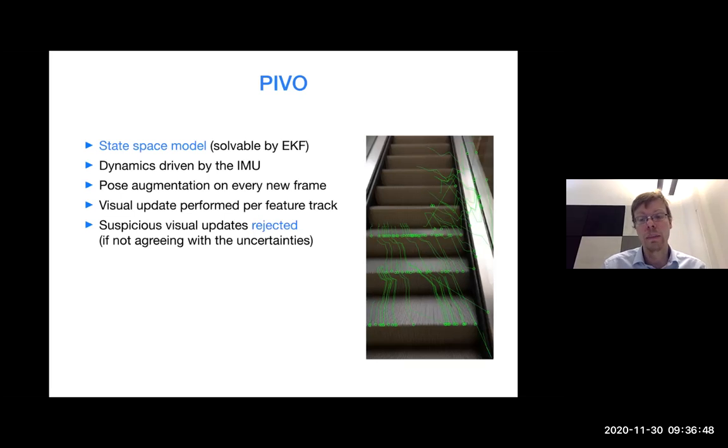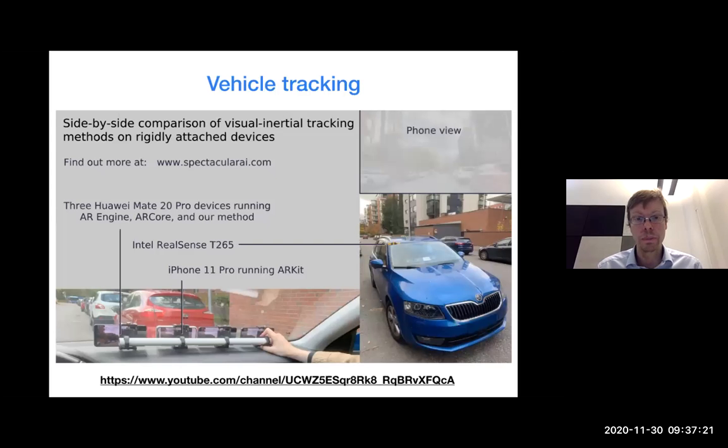So if some visual feature is tracked, but it is not moving according to our understanding of the device motion in a static environment, we can reject these kinds of erroneous visual updates. So we can notice if certain visual features are tracked from another moving object and not from the static background. And this makes the approach quite robust.